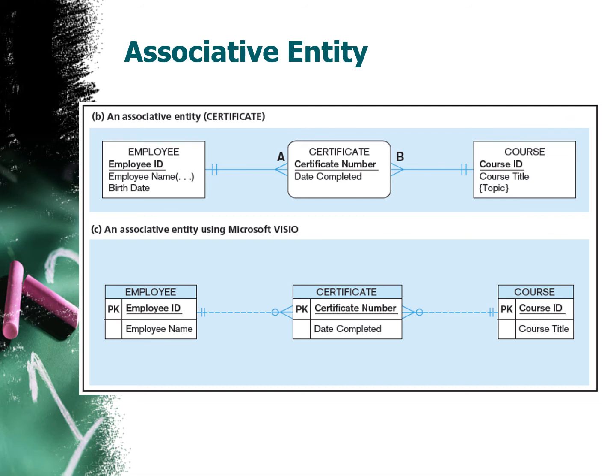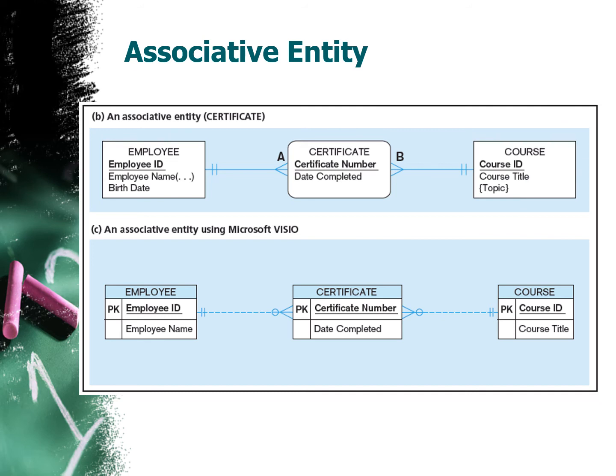And yes, but we're not yet done. Now, how will you know that this particular certificate belongs to that particular employee and that he has completed a particular course? That is where your foreign keys come in. So your employee ID from the employee entity and your course ID from the course entity will go to your certificate associative entity.